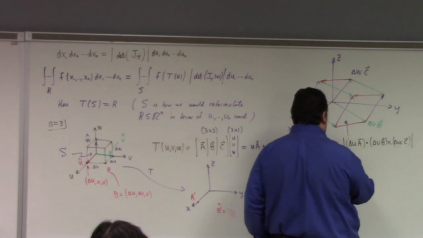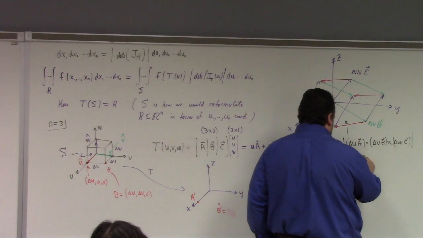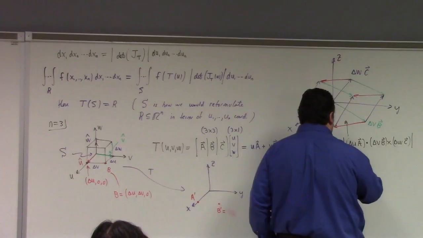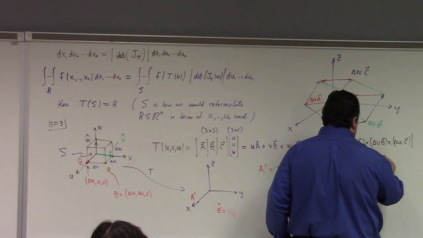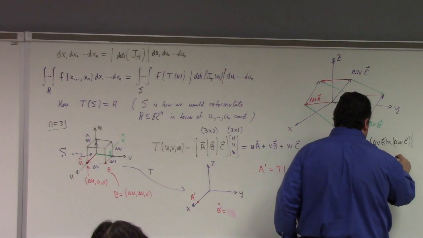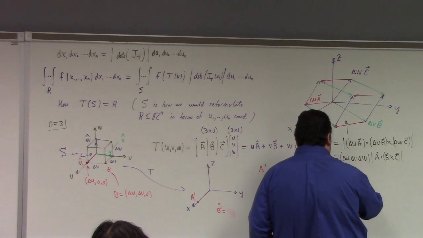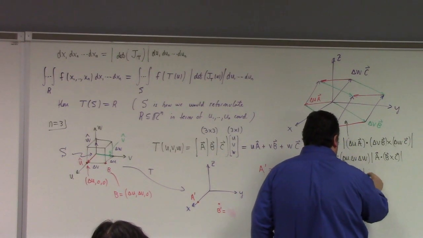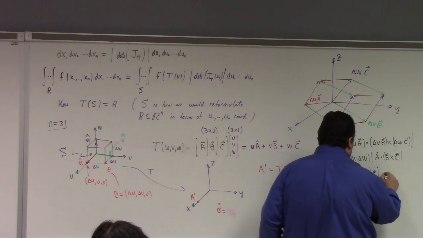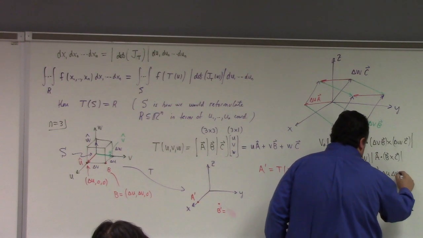But we can pull out the delta U, delta V, delta W, and then we'll just have the absolute value of A dot B cross C, which of course we could rewrite as the determinant of A, B, C times delta U, delta V, delta W.